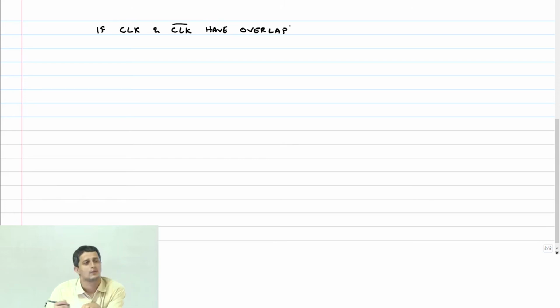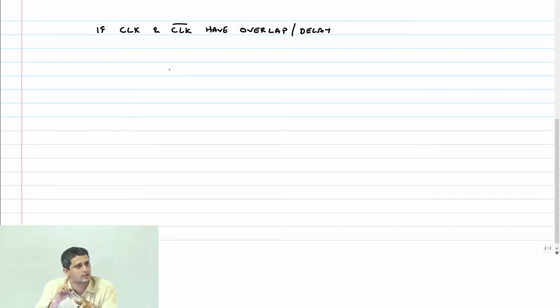So if clock and clock bar have overlap or delay, what does this mean? I am still assuming that the edges are perfect.